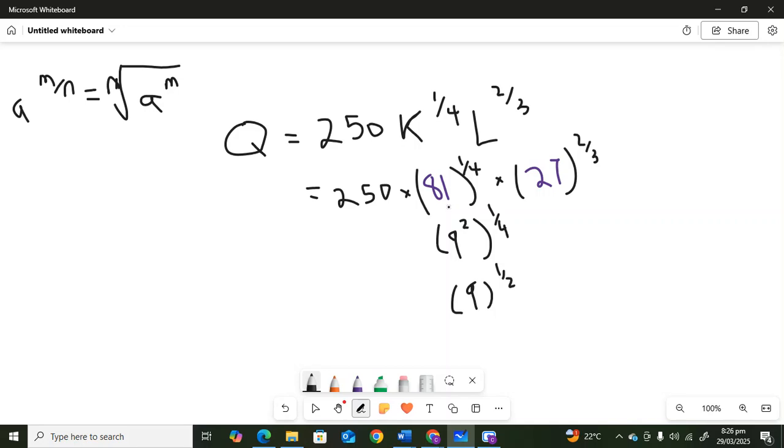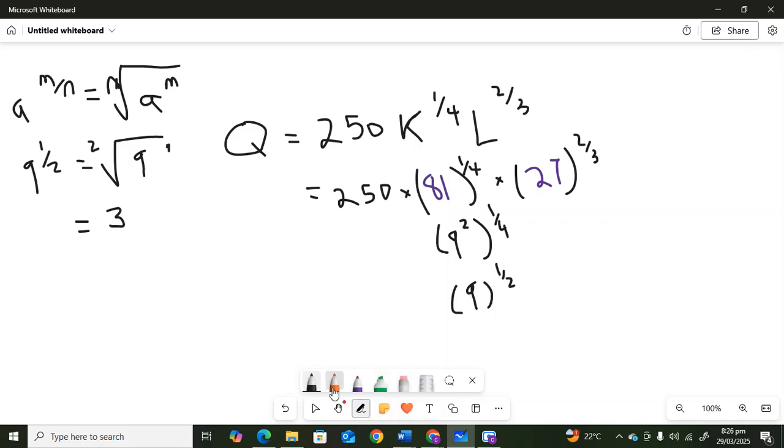So 9 to the power half is the same as the square root of 9 to the power 1. What is the square root of 9? 3. So this 81 to the power 1 over 4, when you break it down, becomes 3.